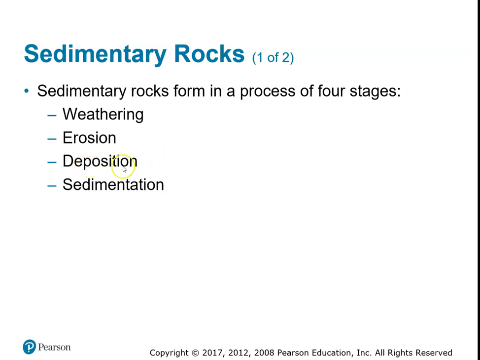That's the deposition. Okay, the sedimentation, of course, is the dirt and leaves, or even fossil remains, that lay on top of this weathered, eroded, or deposited material, and so the sediment builds on top of it. All right, so we'll get more into this in the next few slides.